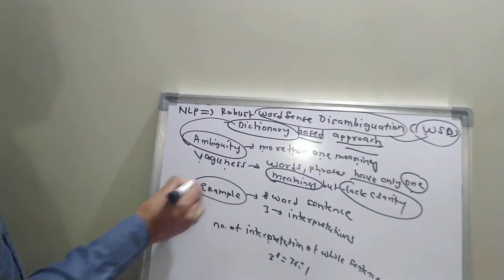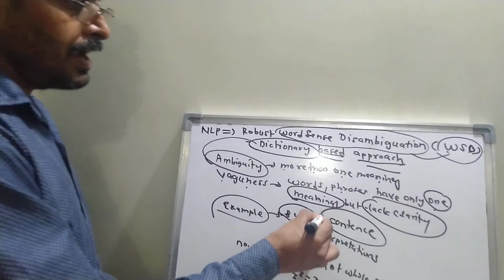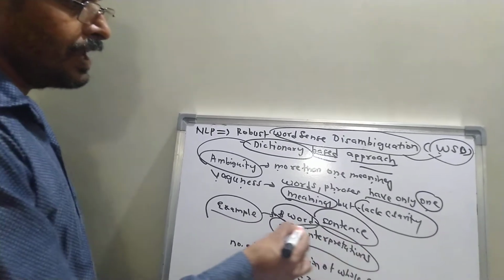So let us see. Suppose in the example there is a sentence of 8 words and 3 interpretations for a word; we can calculate.